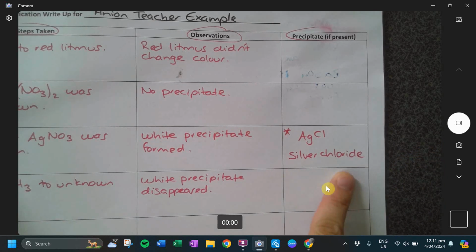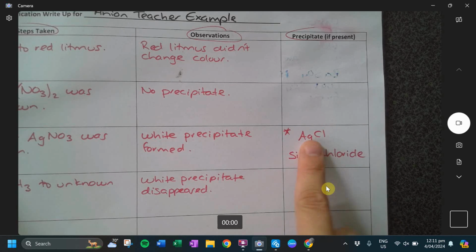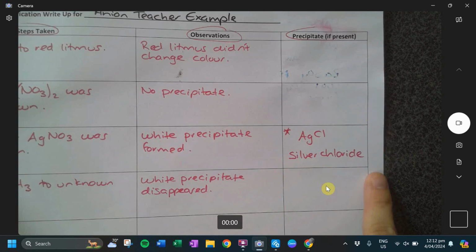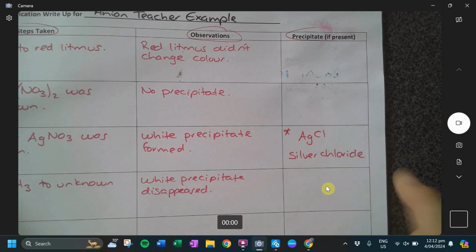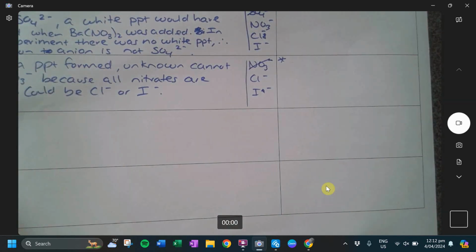Nice little safety net. If you make a mistake with the ionic formula, I have to mark it wrong, but if you have written this down, then I can save you. So that's the white precipitate. That white precipitate disappeared because a complex ion has formed.